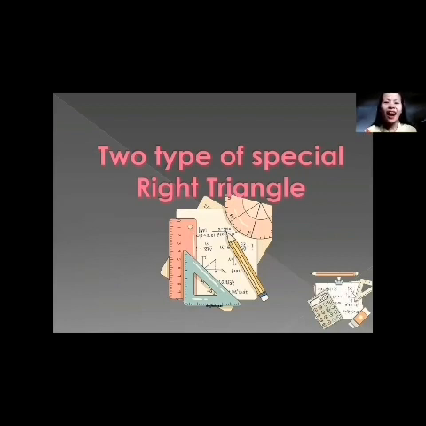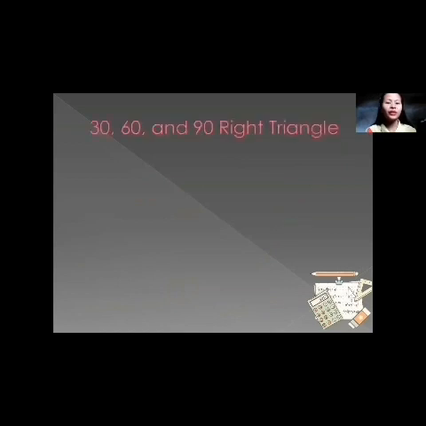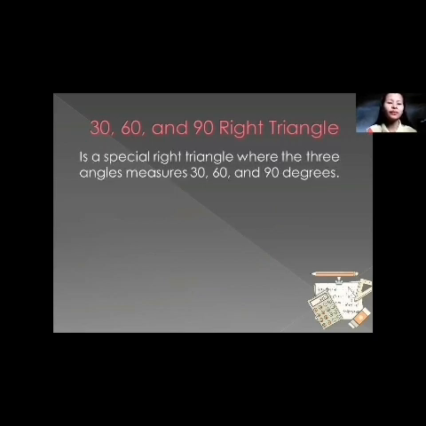Yes, there are two types of special right triangle. First, we will talk about the triangle whose angles measure 30, 60, and 90. It is called the 30, 60, and 90 right triangle. It is a special right triangle where the three angles measure 30, 60, and 90 degrees.